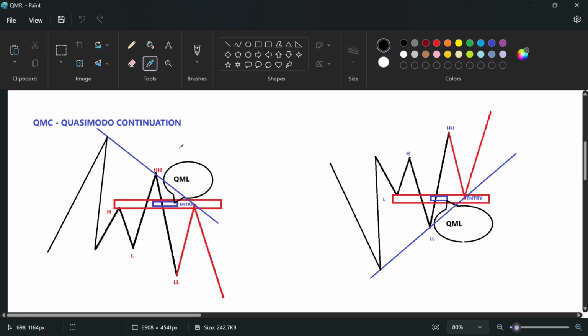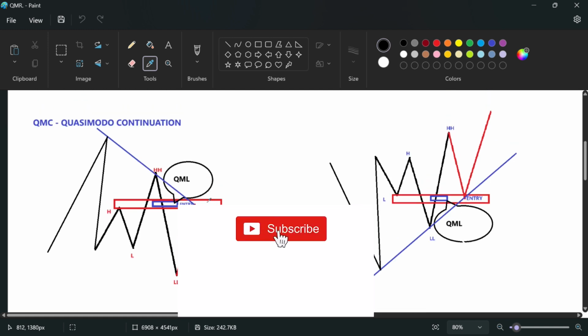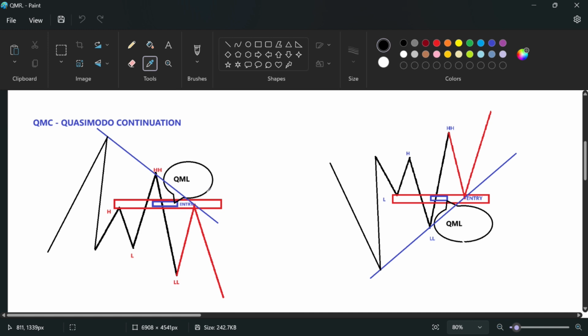Why? Because there are some structures that also have QML for QMC. You understand? So I already explained QM level. So QM level is probably you have a demand zone or a supply zone, as the case may be, for the setup. So any QM can have QM level. You understand? Whether QMC, QML, even QM manipulation.